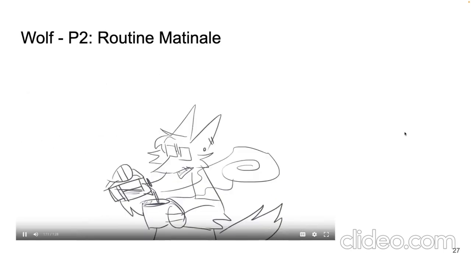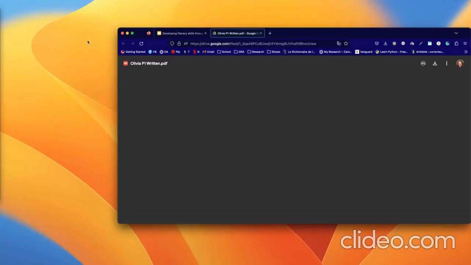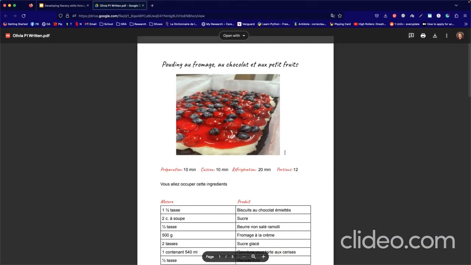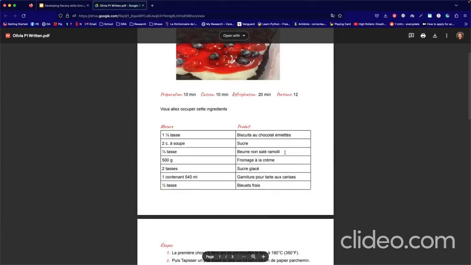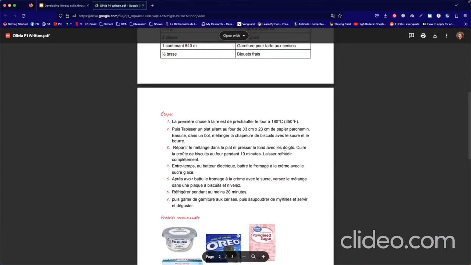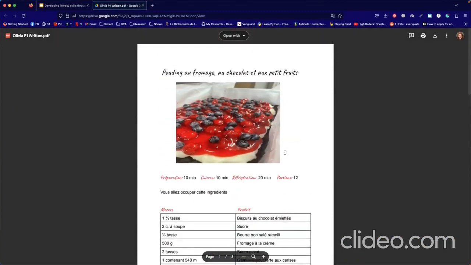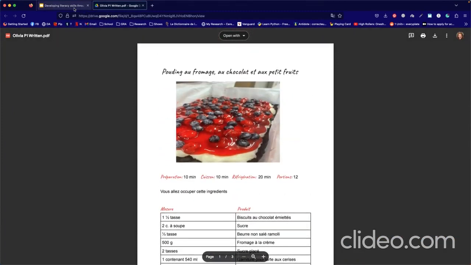And then finally, I want to talk about the idea that play doesn't really tell the whole story. Here we have Olivia's recipe. This is almost exactly what you would expect to see in a recipe. Everything here are things that we saw when we were looking at example recipes.